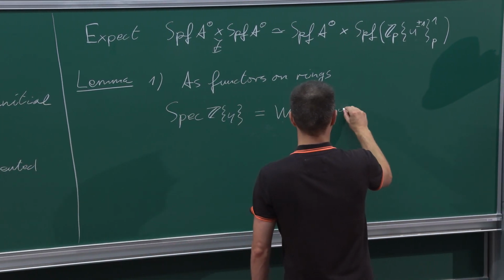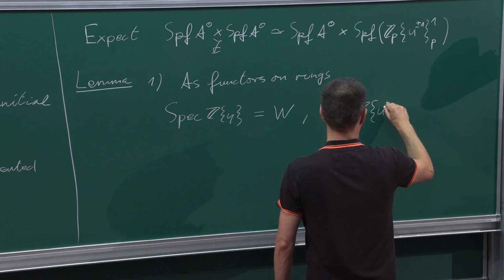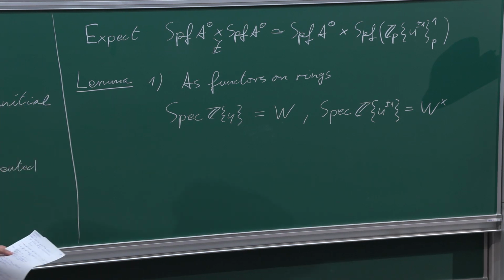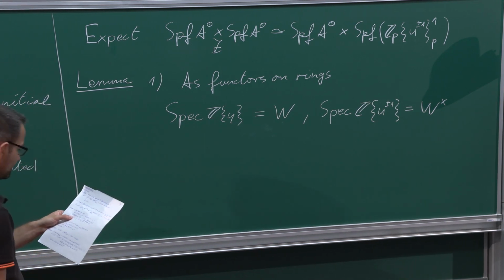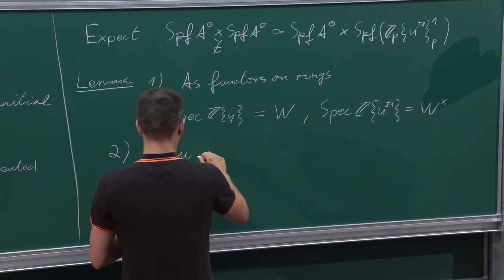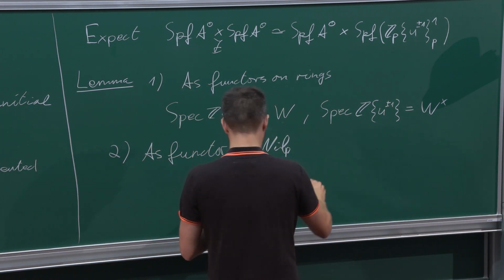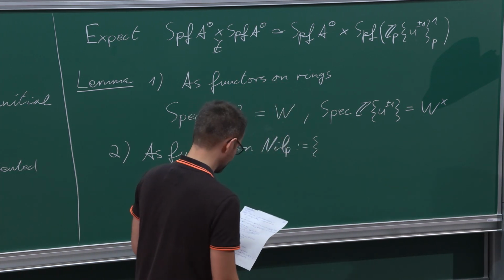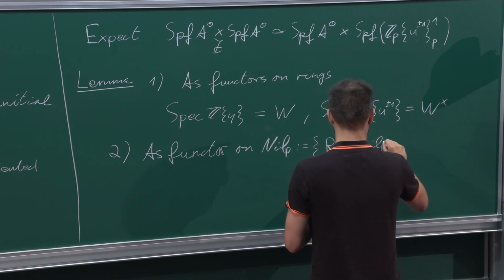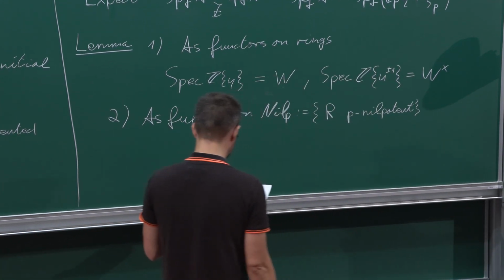And similarly, the spectrum of the free delta ring on an invertible element just identifies with the units in the p-typical Witt vectors, seen as a functor on rings. And then as a functor now on Nilp, which I use as the notation for the category of rings R where p is nilpotent, meaning that p is a nilpotent element in R.